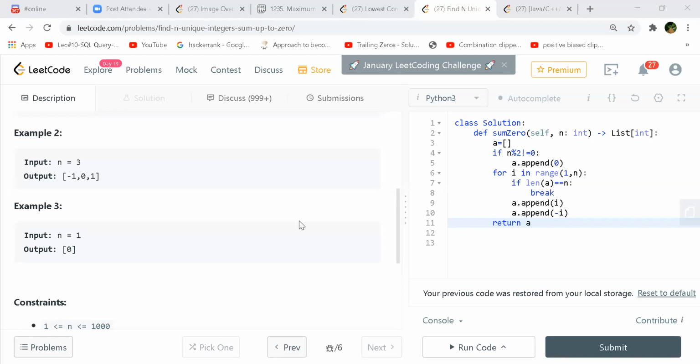When I was starting, I assumed, okay, what if n is even, what if n is odd? So I had a while loop for n even and a while loop for n odd. But it turns out that if we do while left is less than right, if n is odd, the while loop stops when left is equal to right.